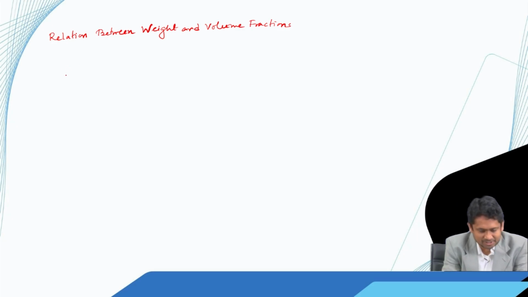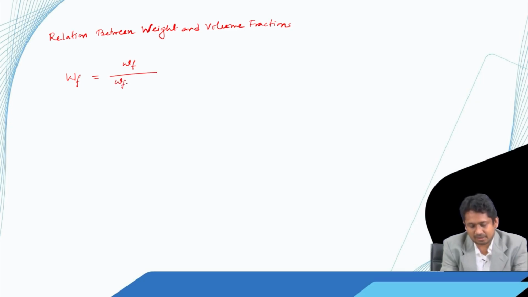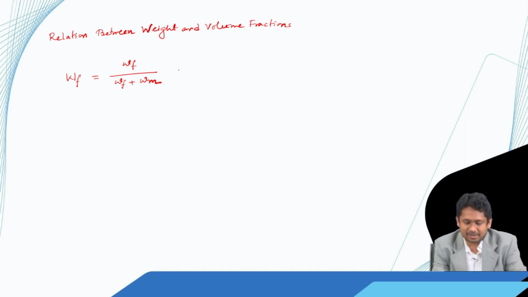So, to derive that relation, let us go back to the definition of weight fraction. The weight fraction of fiber is equal to weight of the fiber divided by weight of the fiber plus weight of the matrix, and weight of the fiber can be written as volume of the fiber multiplied by density of the fiber.